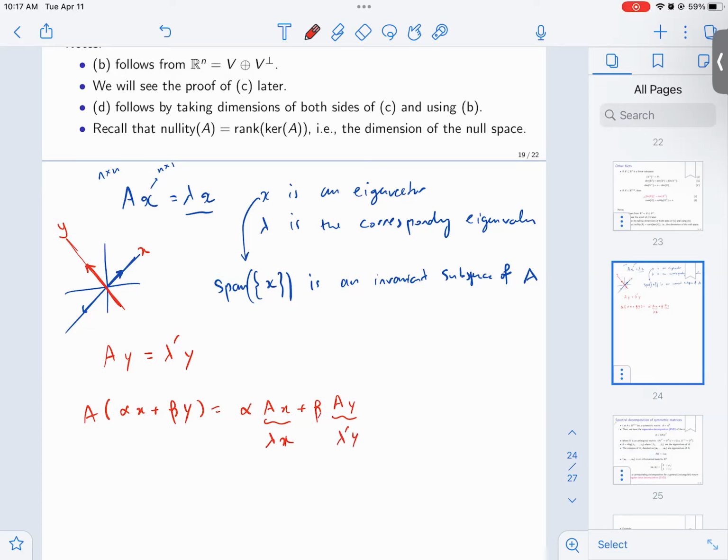Lambda prime y. So you can see this would basically be lambda prime times alpha, beta. I don't want to write it out, but the coefficients are going to be like that.